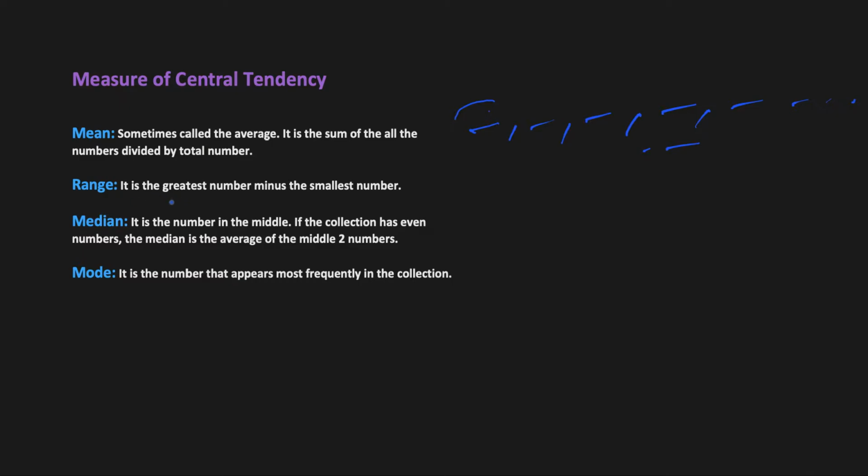Range is the greatest number in a given data set minus the smallest number. Median is the number in the middle, and we'll look at some examples for calculating median. And mode is the most frequently appearing number in the given data set or collection.